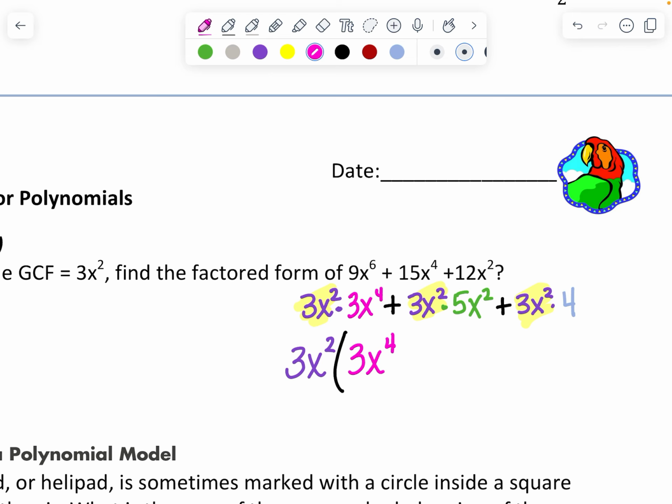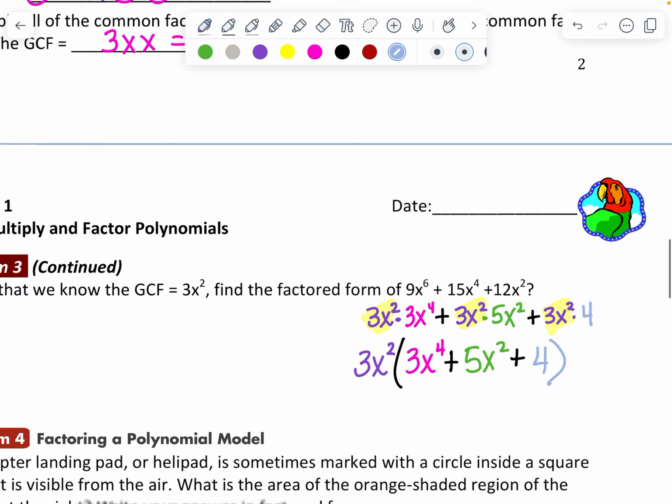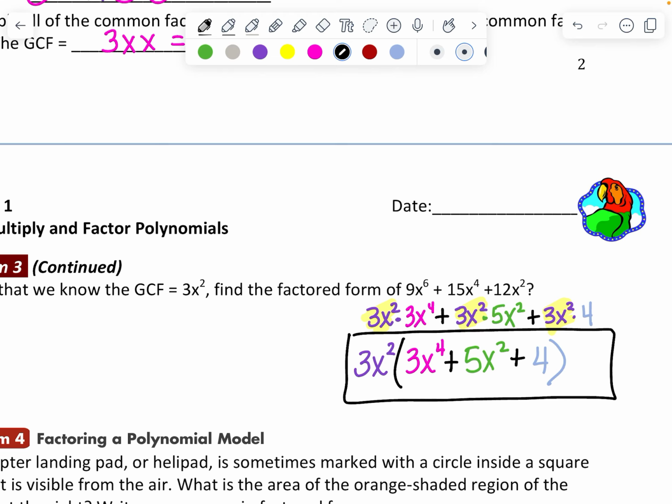So we have 3x to the fourth plus 5x squared, and then that's plus 4. So this, my dear people, is the factored form for the polynomial 9x to the 6th plus 15x to the 4th plus 12x squared.